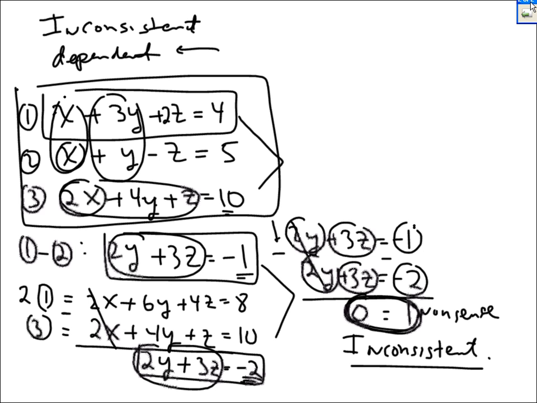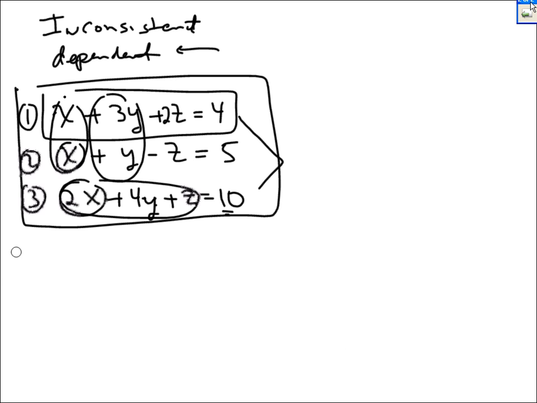Whenever you get 7 equals 9, inconsistent. But if you got 7 equals 7, it's dependent. You need to go into your exams knowing that. If you get one number equals another number, and they really aren't equal, 2 equals 9, you know 2 doesn't equal 9, well, then that is said to be inconsistent.